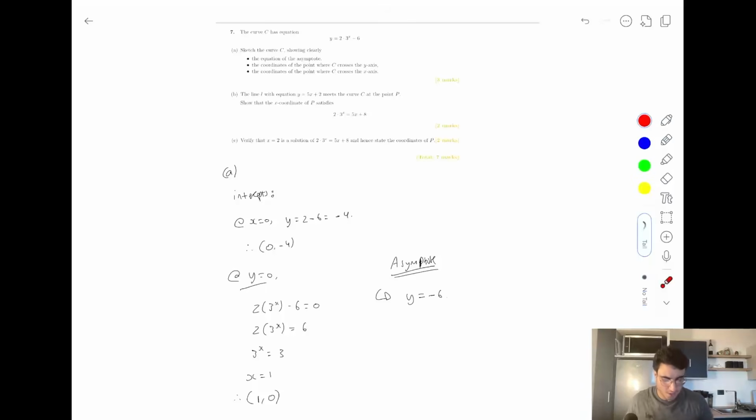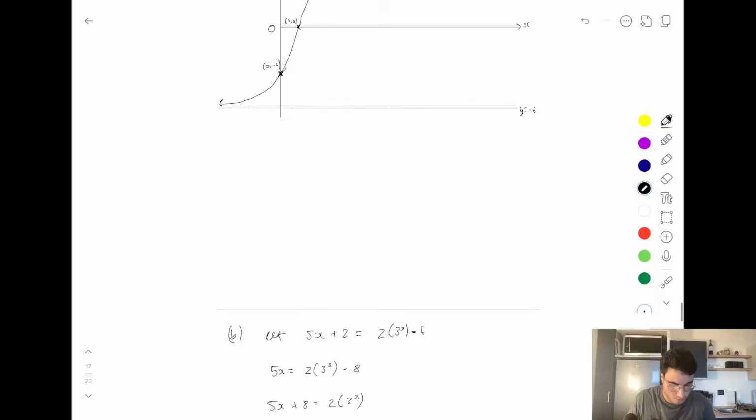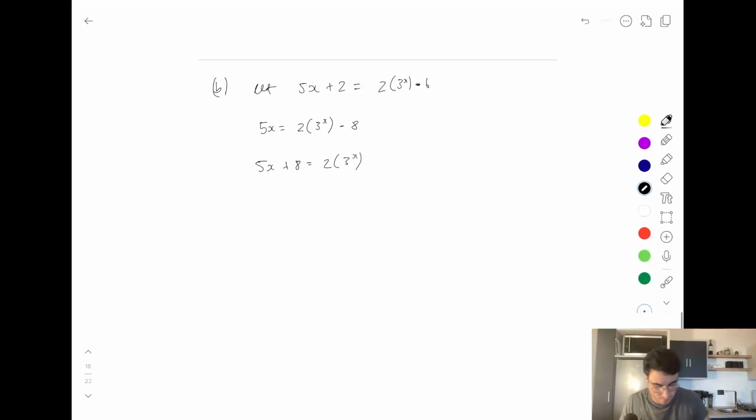Now for number C, guys, they want us to verify that x equals 2 is a solution for 2 times 3 to the x is equal to 5x plus 8, and hence state the coordinates of P. So, to do this now, guys, for x equals 2 to be a solution, we can't just plug it in, okay?